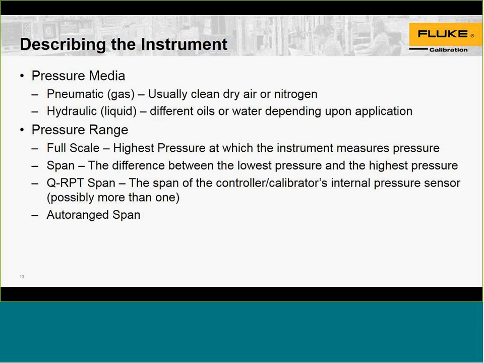The next thing to consider is the pressure range. What's the pressure that the instrument can control and measure? That's based on the highest pressure which the instrument measures. Then, if you need a negative range, this will be very important to you.